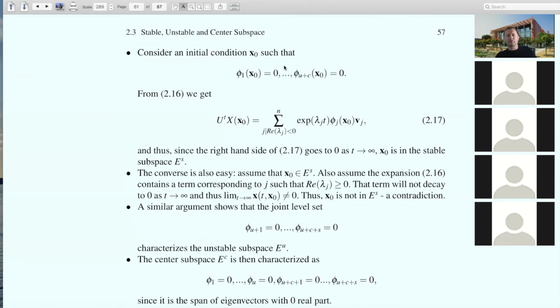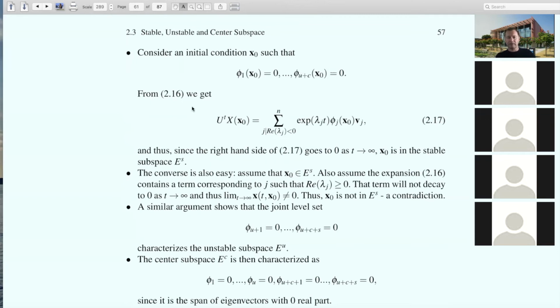So we're looking for the joint 0 level set of eigenfunctions phi 1 to phi u plus c. So all the unstable and all the center eigenfunctions. This is the set. So x0 belongs to this set, provided that all of these eigenfunctions are 0 for x0.